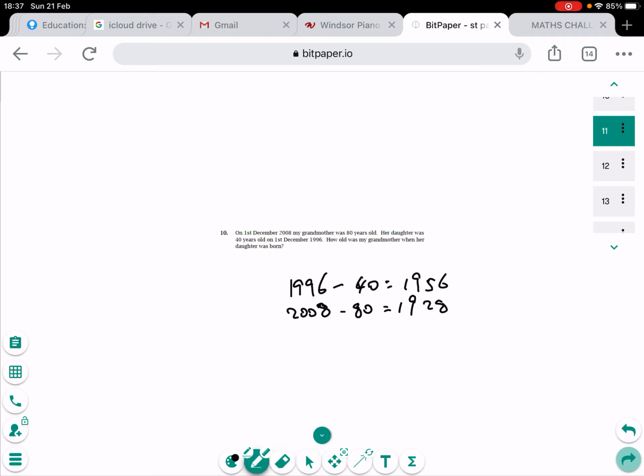Then 1956 minus 1928 equals 28. So the grandmother is 28 years old when the daughter was born.